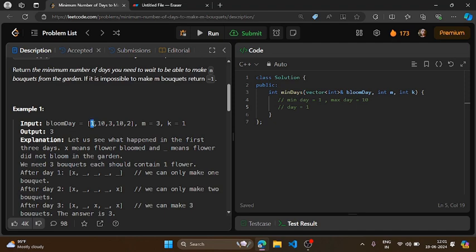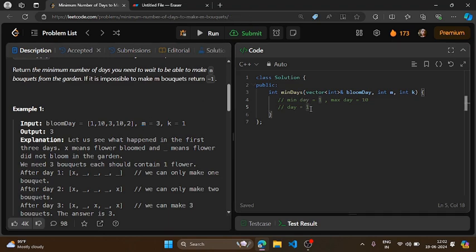Here you can see it is blooming on day 1 only, so my one flower is blooming, and I can make one bouquet. When I move to the next element, I cannot find any flower which is blooming on day 1. So you cannot make more than one bouquet on day 1. So day 1 is not allowed, because we had to make m bouquets, m equals 3 here. So I'll move to day 2.